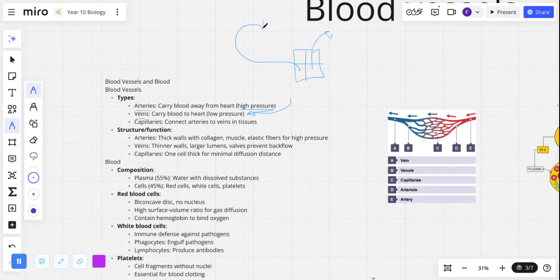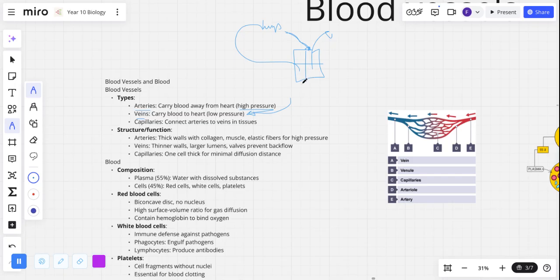Now, coming back to your left atrium, it's a vein coming back. It's called a pulmonary vein, but it's coming back from your lungs, so it's full of oxygen. So be careful of that. Don't just say veins carry deoxygenated blood. Yes, a lot of the time they do, unless it's the vein coming back from your lungs, because that's picked up oxygen from your lungs.